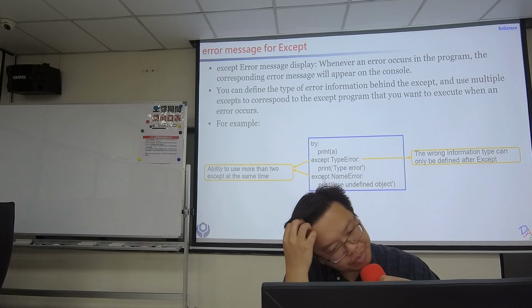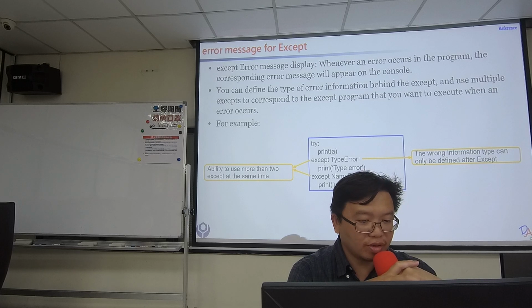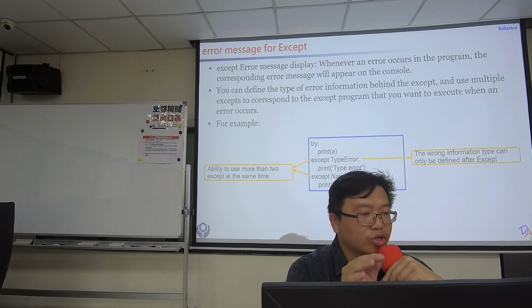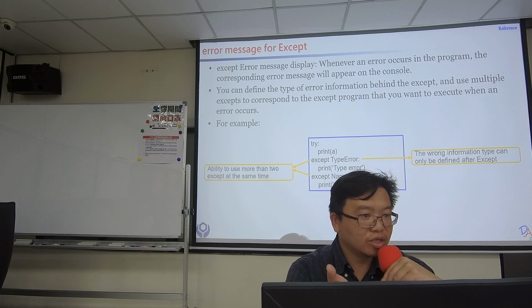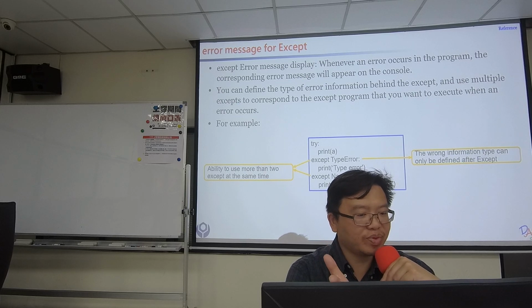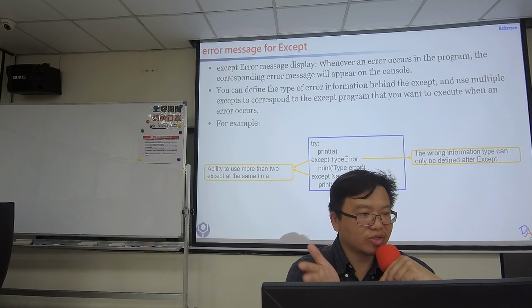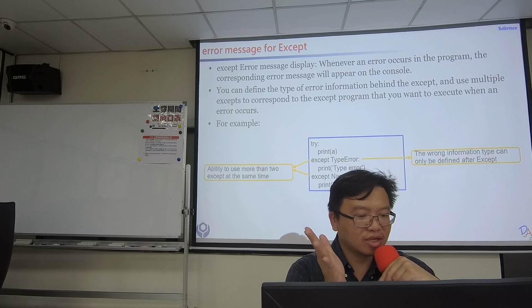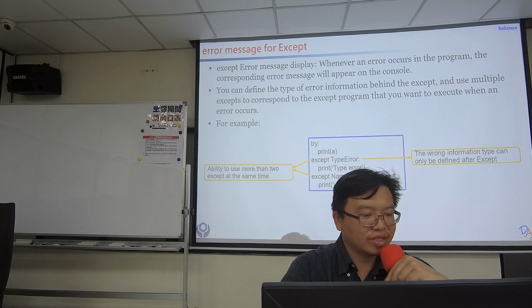Okay? So what is a type error? There usually is a code that only works for certain types of variables. So if the variable is not the correct type, then that kind of error is under the category of type error.